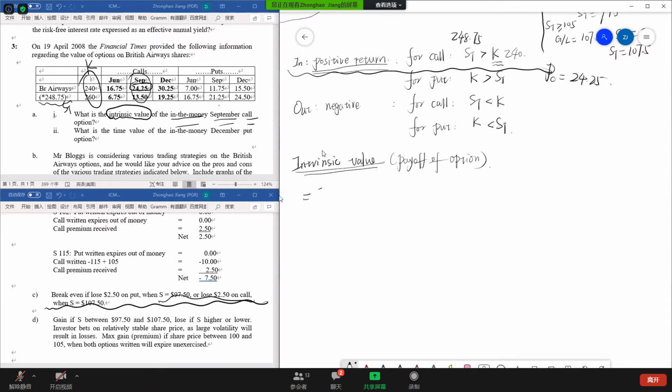Here it is 228. The spot price minus the exercise price, so the intrinsic value of the option is 8.75.